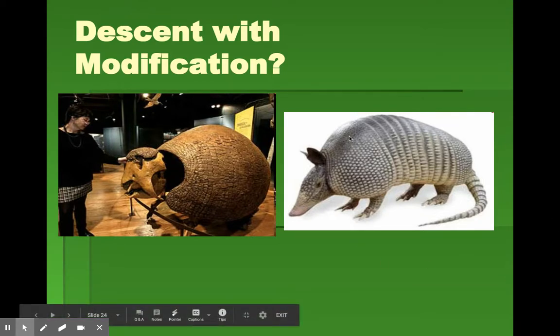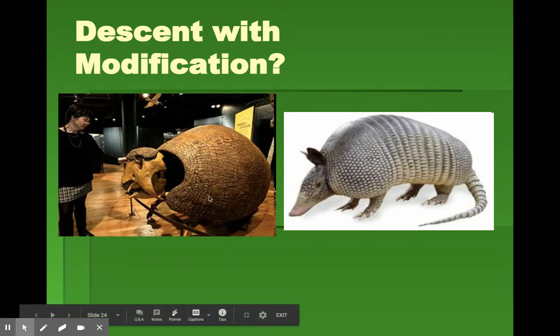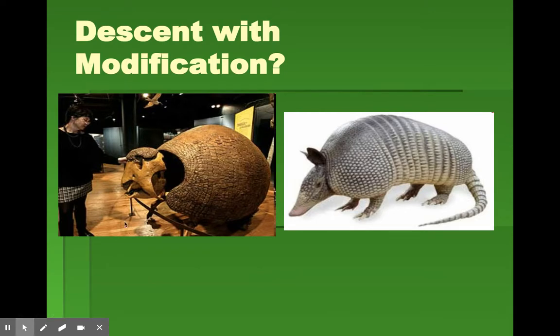So the armadillo, a common animal found in desert regions, including in North America, is a descendant of these species of dinosaur, which had that sort of dome that protected their bodies. Now, these are much larger than armadillos.